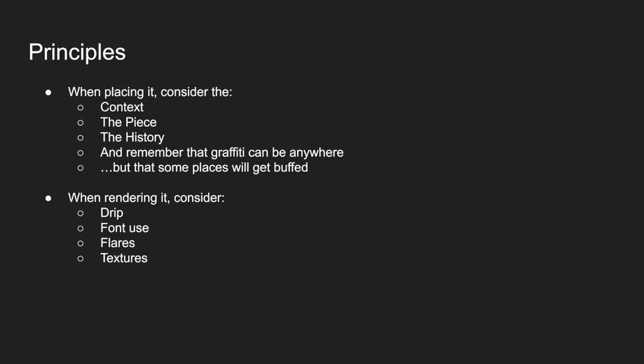And for textures, make sure the textures come through the wall. There's nothing more beautiful than a very detailed wall that just lets you see all those details through the piece. Do that and keep these in mind, and you'll be good to go whenever you put graffiti in your games.